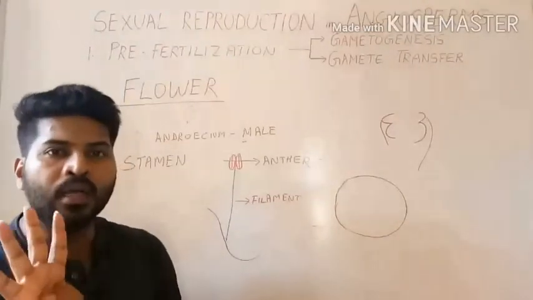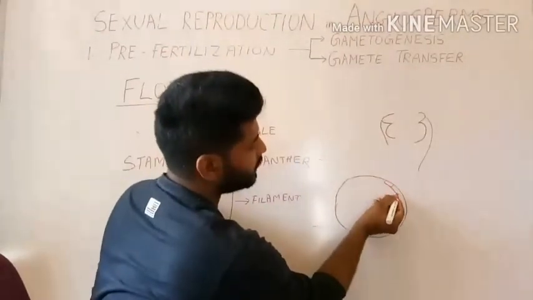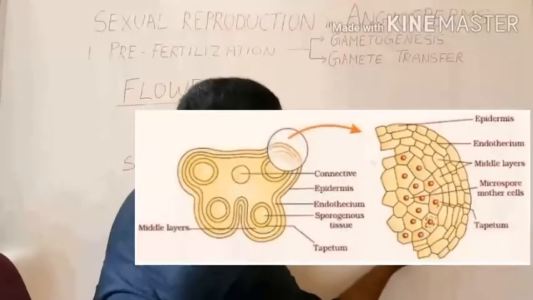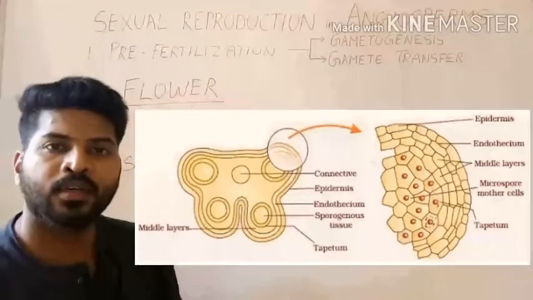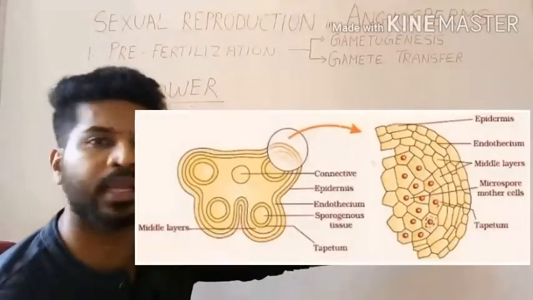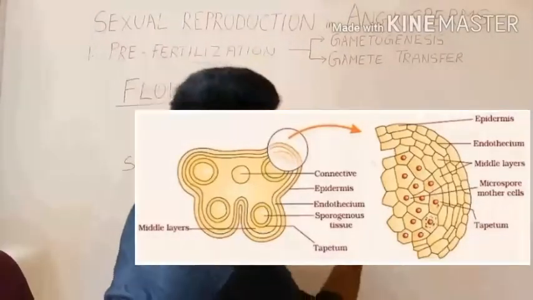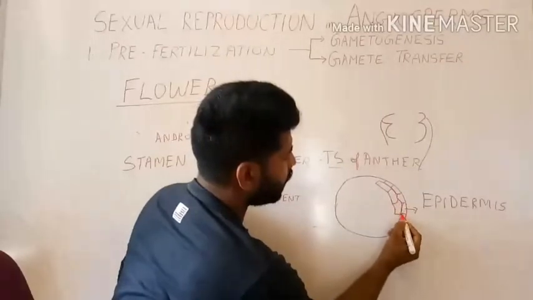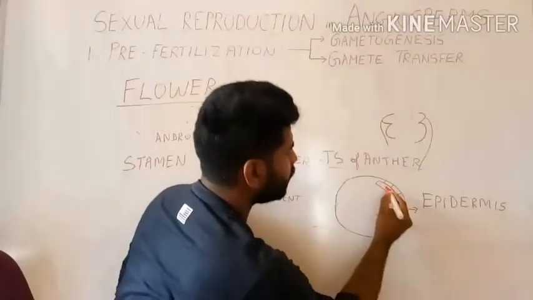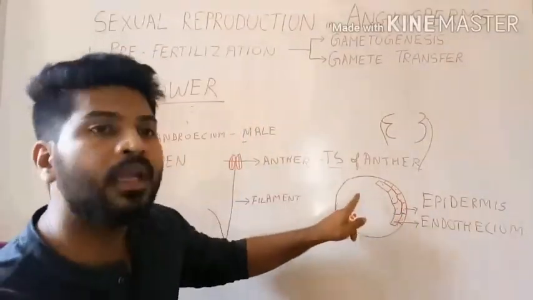Now, if you look at the TS of an anther, it looks circular in outline. There are 4 layers in an anther. The outermost layer is single-celled thick and called the epidermis. The function of this layer is protection of the inner layers. Below the epidermis, there is another single layer of cells called the endothecium, which also protects the inner layers.